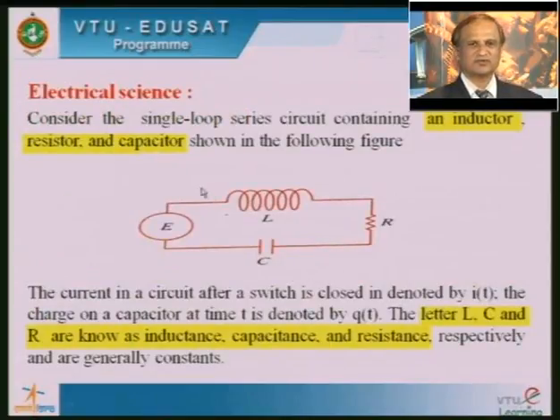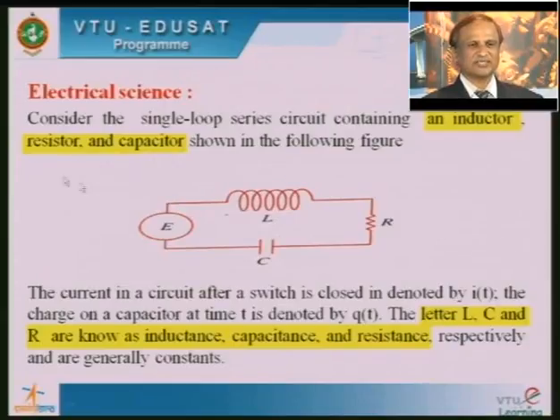Okay, friends, so far we have discussed the spring mass system, and have explained the meaning of damping, overdamping, and critical damping. Now we can consider similar types of equations. How does a differential equation behave in electrical sciences?